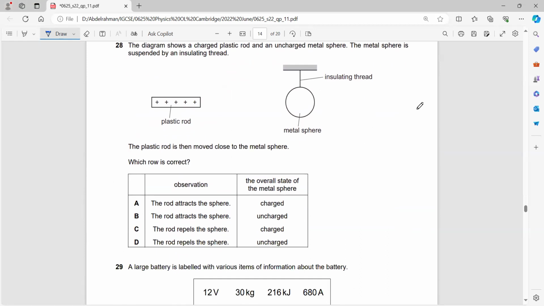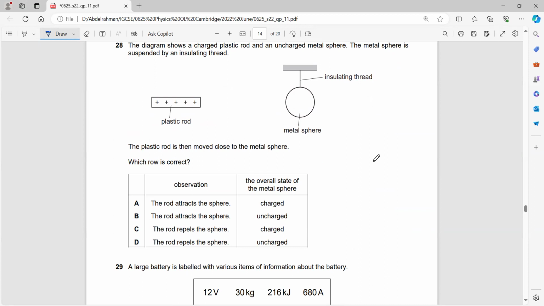I have a plastic rod and a metal sphere. The plastic rod is moved close to the metal sphere. It does not touch the metal sphere, it just moves close. What will happen to the metal sphere?